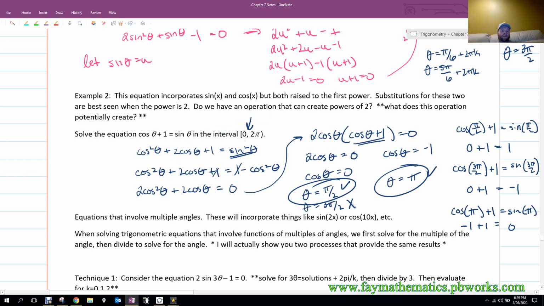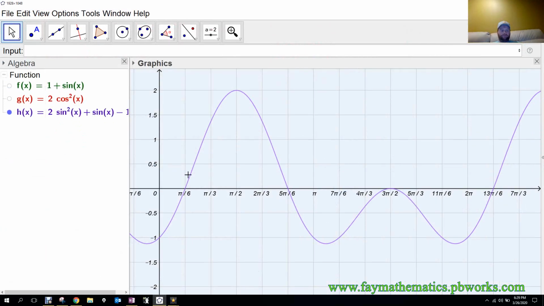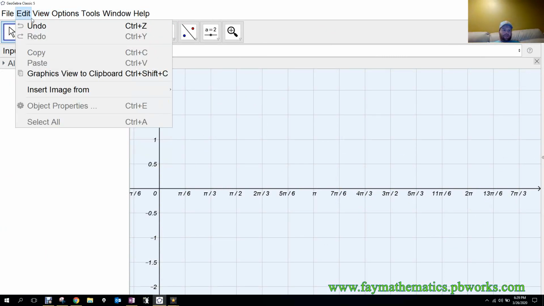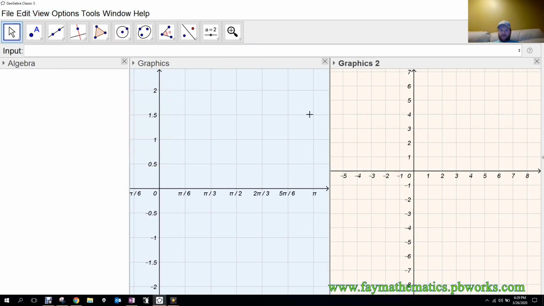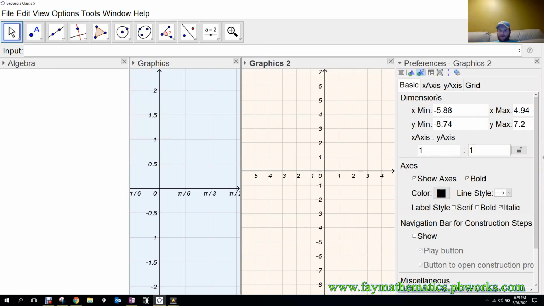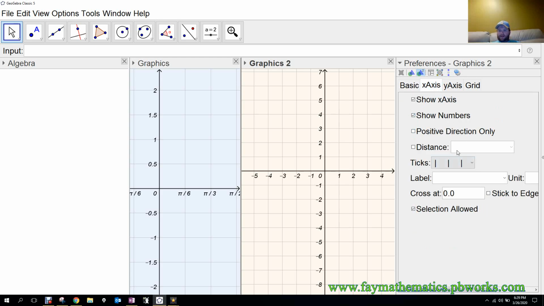Okay. If you want to, again, look at really what we're doing here graphically, see if I can set this up. 2 graphics. Let's go x-axis, distance, pi over 6.